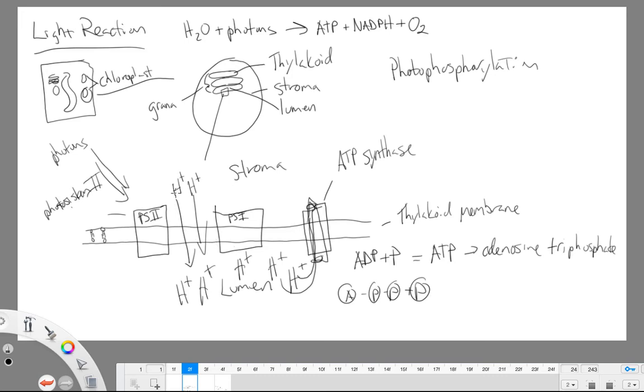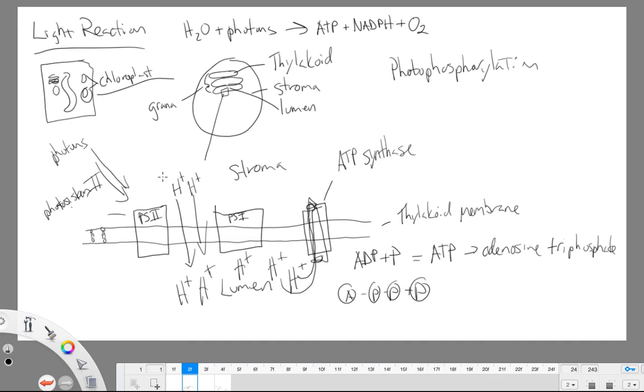Now, where does water play in all of this? Well, as we said in the beginning here, when these photons excite that electron in chlorophyll, that electron leaves and it bounces along this electron transport chain.